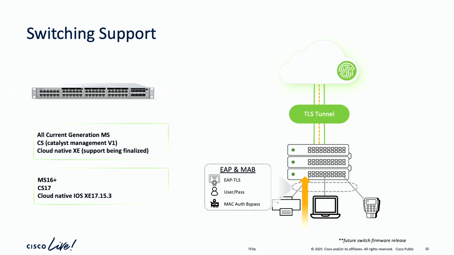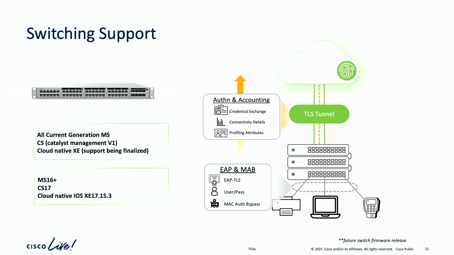From a switching perspective, we support EAP-TLS, PAP for username and password authentication, and MAC-auth bypass. So if you have devices that don't have a supplicant, you can still do at least some sort of checking before they connect to the network.